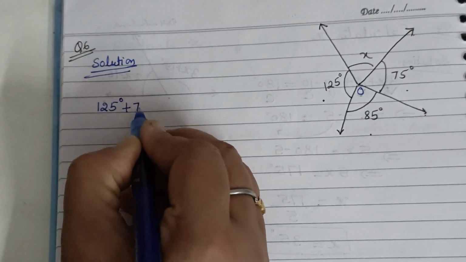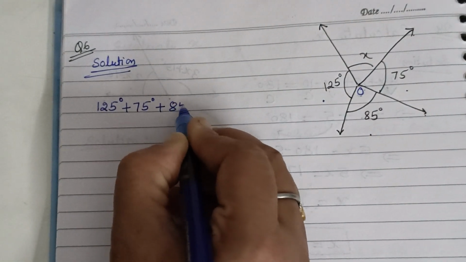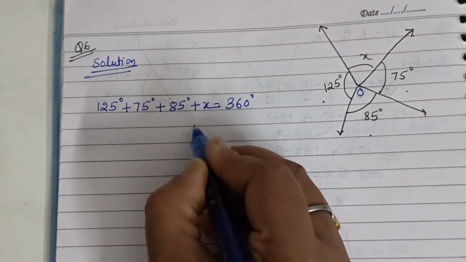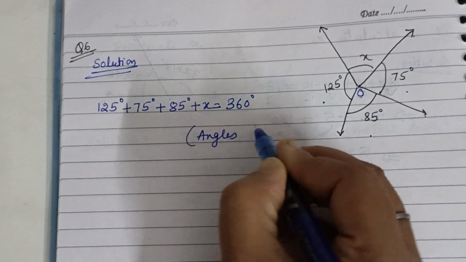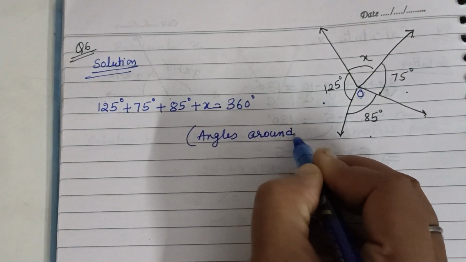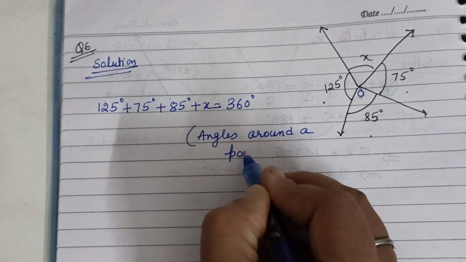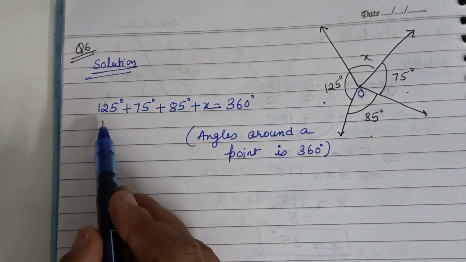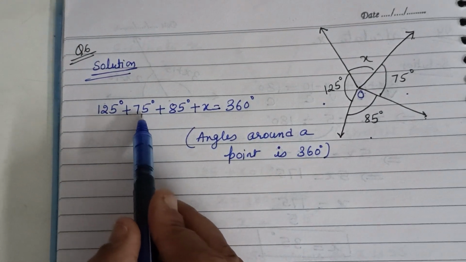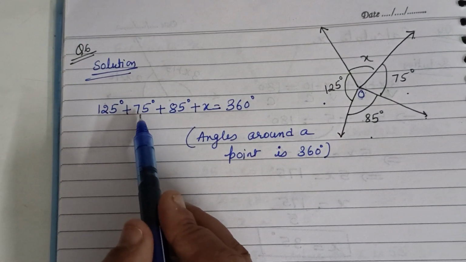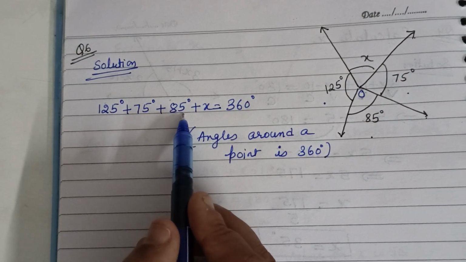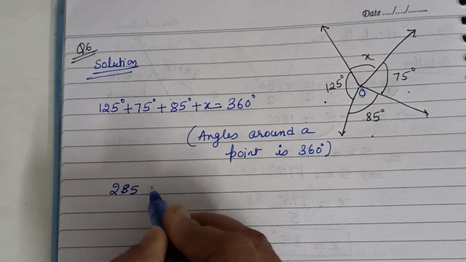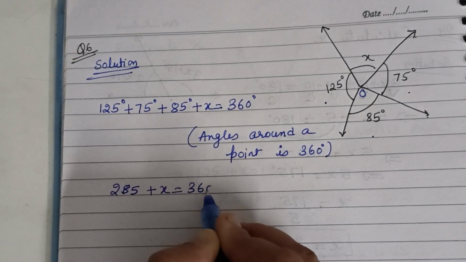125 plus 75 plus 85 plus x equals 360. Angles around a point is 360 degree. Now just add them. 125 plus 75, 200; 200 plus 85, 285, plus x equals 360.